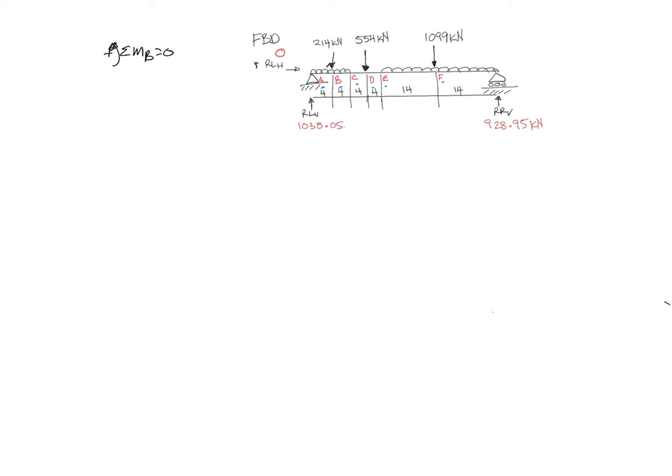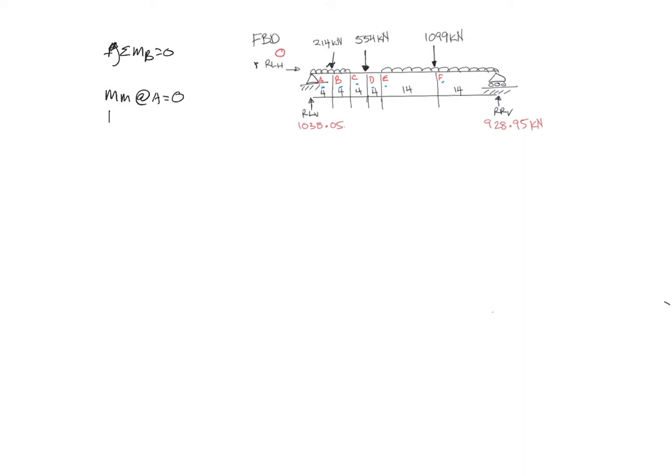So around A, the bending moment at A equals 0. Why 0? Well, I'm taking the moment around A, and if that force is directly on A, there's no calculation. It can't go in any direction, so it equals 0.